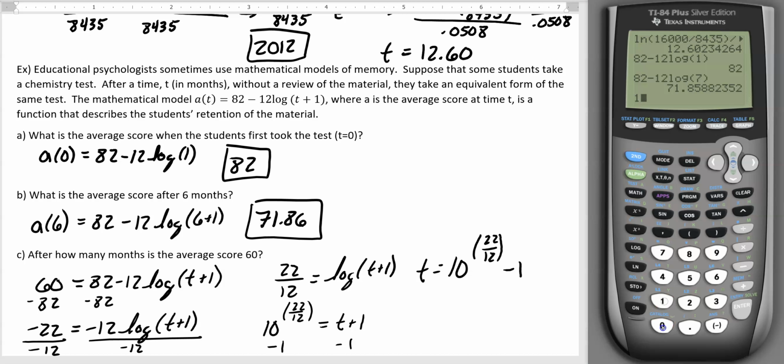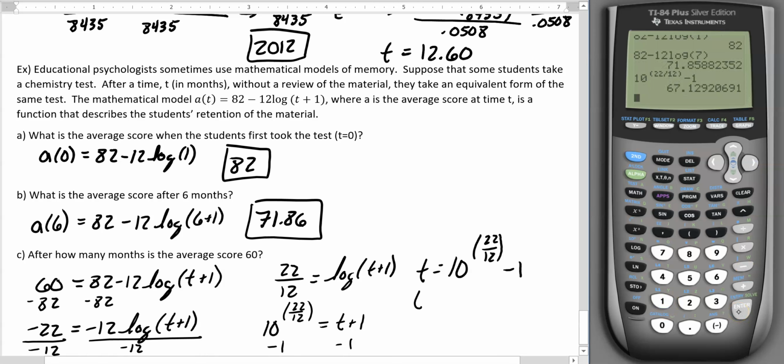So let's do our math here. 10 to the up caret 22 divided by 12, and then minus 1. T will equal 67. So 67, goodness, 67 months. Wow. So once you know it, man, you're going to retain that thing for like 5 years before you get a failing grade. That's pretty wild.